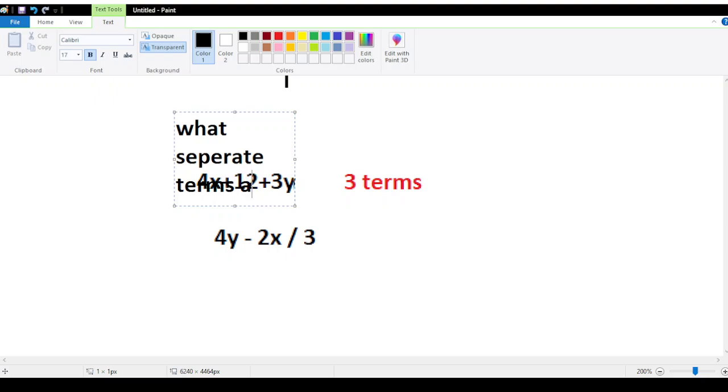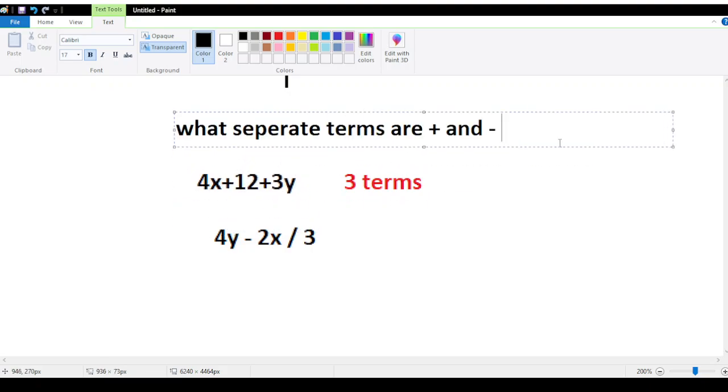What separate terms are plus and minus. This is what separate the terms. Can we read that one more time? What separate terms are plus and minus? Okay, what separates the terms are plus and minus. I'm going to write them between parentheses so they will be more obvious like this.